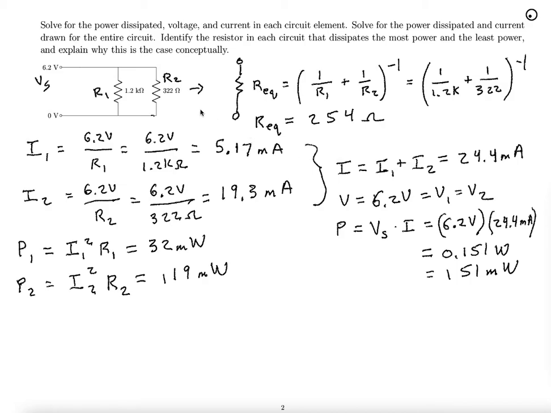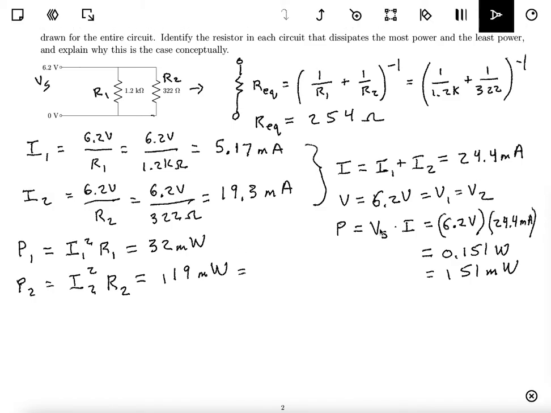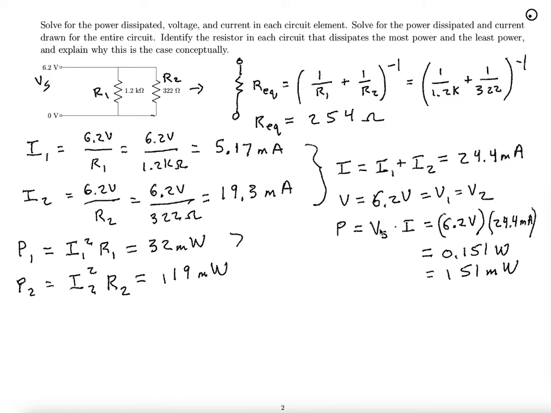So the power dissipated by the resistors individually equals the power dissipated by the equivalent resistor times the total current through the circuit, as it should. So that's good. Works out.